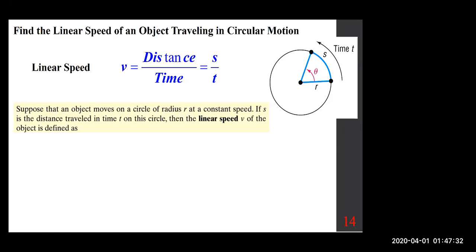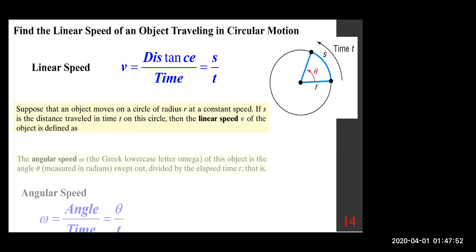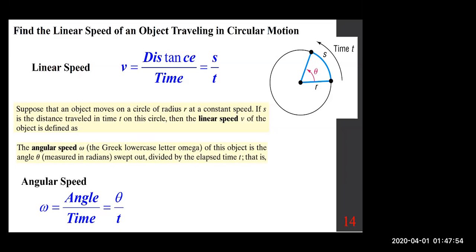Now, what about angular speed? Angular speed has the same type of definition. Instead of saying total distance over total time, it's angular. So we say total angle over total time. So if that is the case, the total angle we cover is theta, and over the time it is theta over t. Now, it's extremely important to understand the relationship between the two.